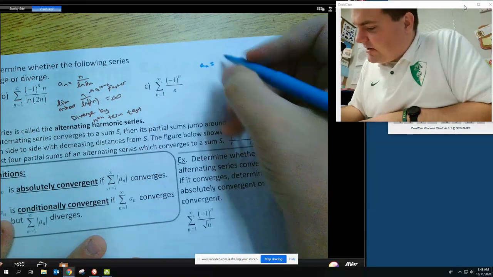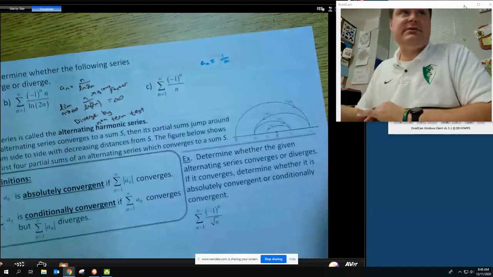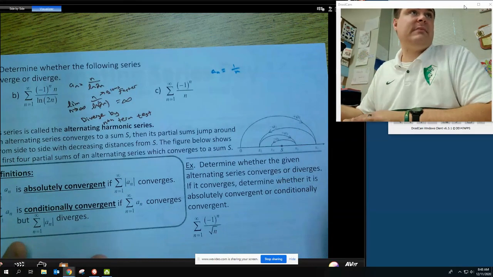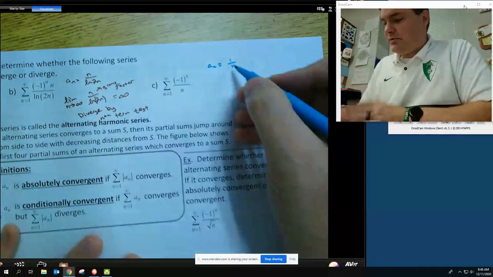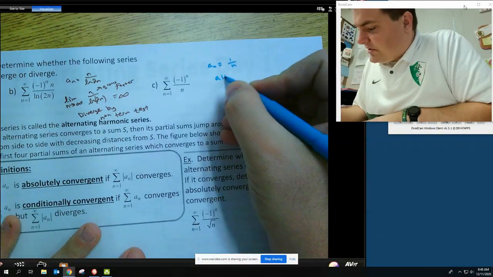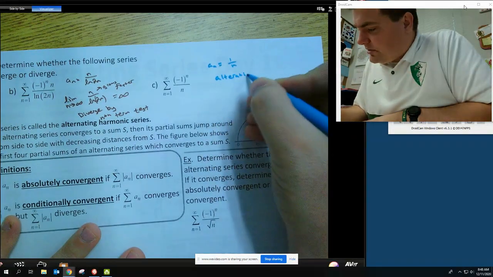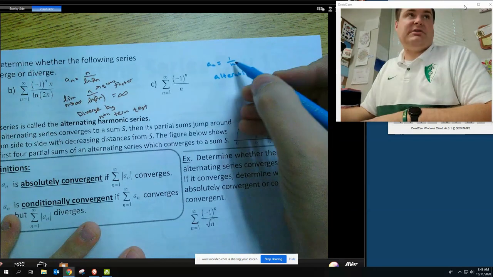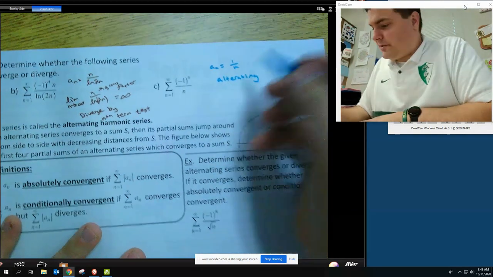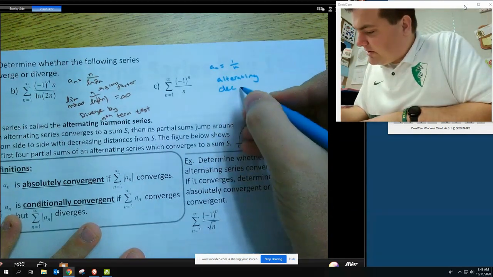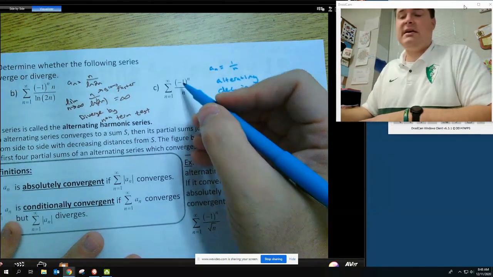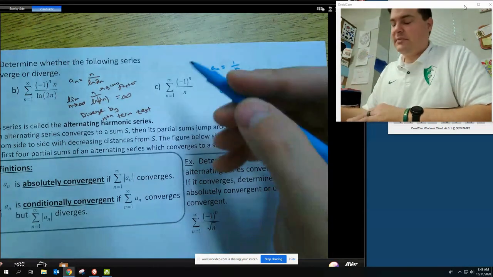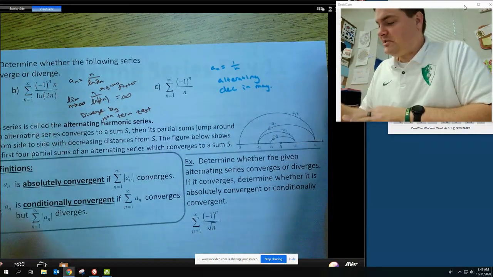So in letter C here, the non-alternating part is the 1 over n. I do know if I were to find the limit, I would get 0. So I can now state that it's alternating. This is decreasing in magnitude because every single term afterwards gets smaller and smaller. And you have to say it's in magnitude because since it's alternating, it's not decreasing every single term, but the absolute value of each term is decreasing.